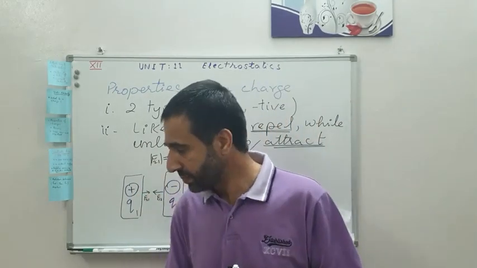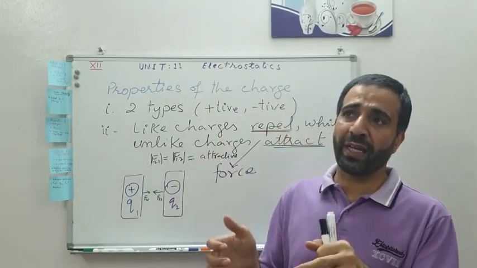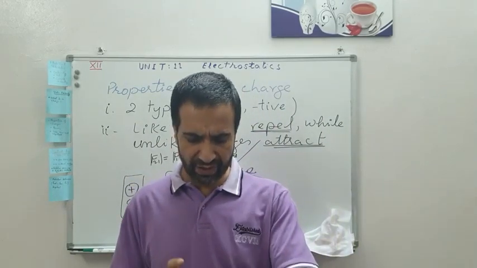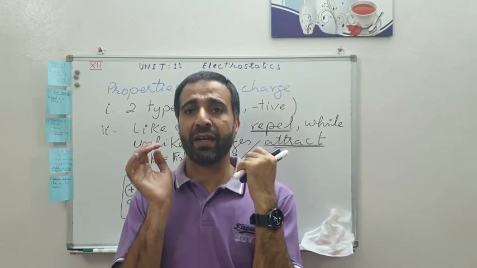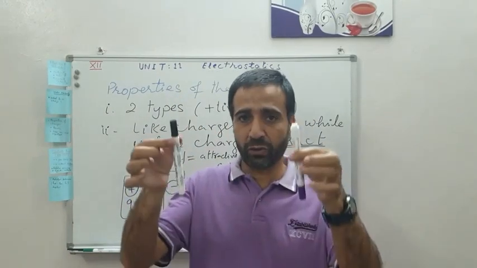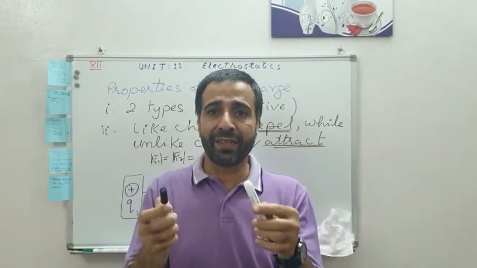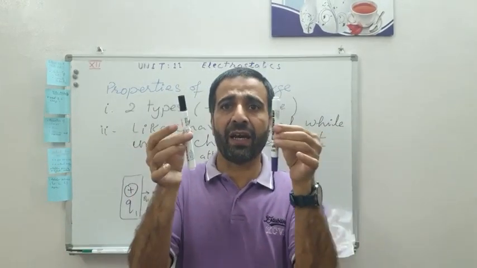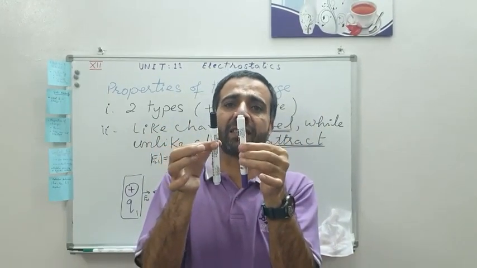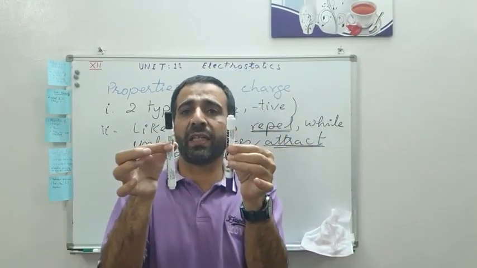One is this thing. In the same way, just as the gravitational force between two massive bodies, when you bring two massive bodies together, the gravitational pull between them arises due to the interaction of their gravitational fields.